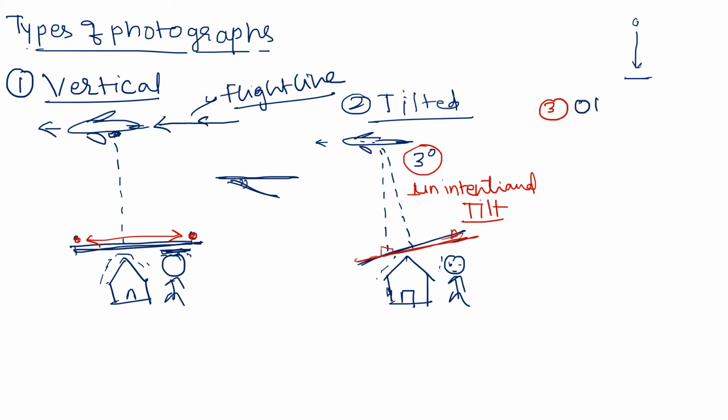The third type of photograph is called the oblique photograph, where imagine this is my aircraft again. This is the flight line, the windows in which you are sitting, and this point is my perspective projection, downward direction.